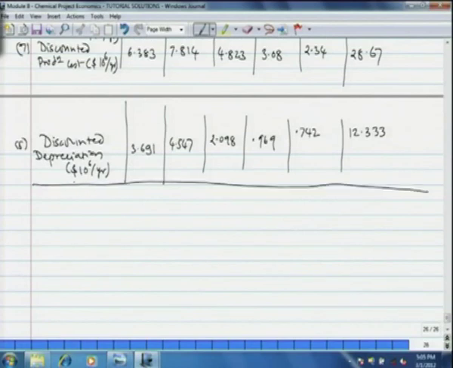Total revenue is equal to total production cost. Now, this is of course discounted after tax.